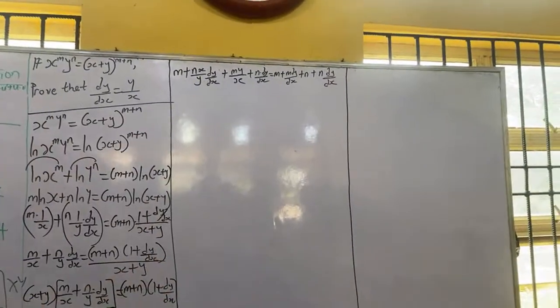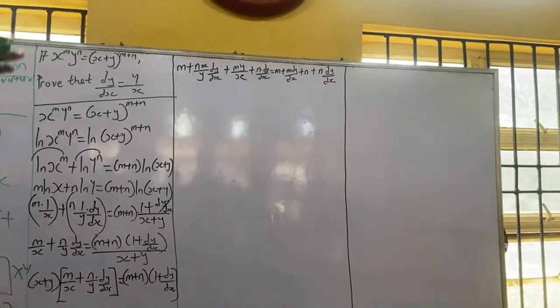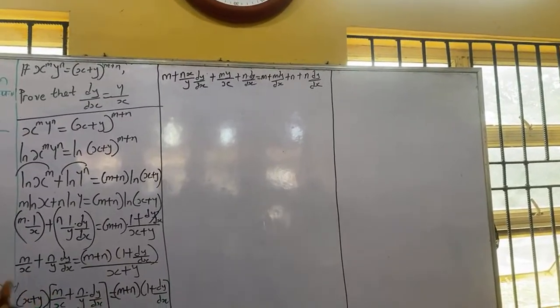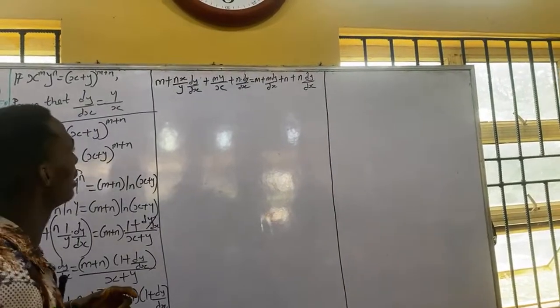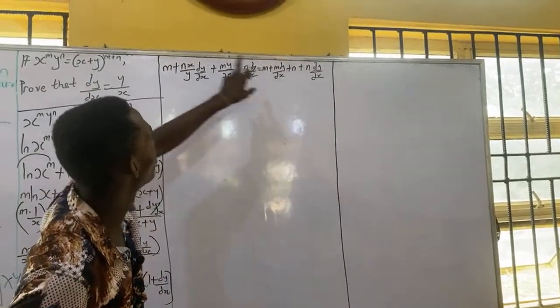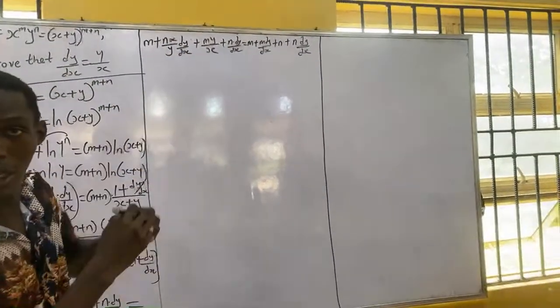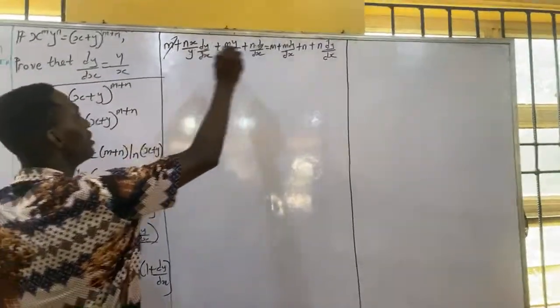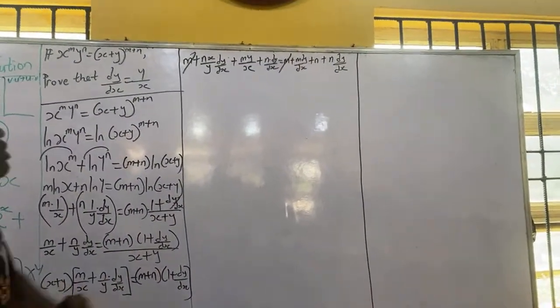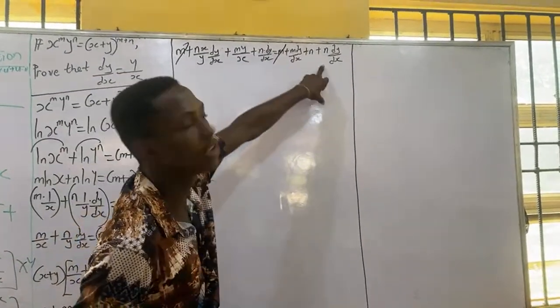Now, from looking at this, this is giving us a linear function, which means something can cancel out each other here. What do you see here? If I bring this to the other side, it will cancel out. So let's get rid of this. What else do you notice? n dy over dx, n dy over dx.